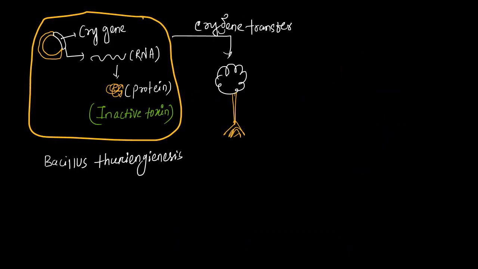So this is the same discussion. This is the cry gene. This cry gene produces cry mRNA, and from the mRNA the protein is produced. This is called Bt protein. This Bt protein is inactive inside Bacillus thuringiensis, and this bacteria is transferred to the plant.